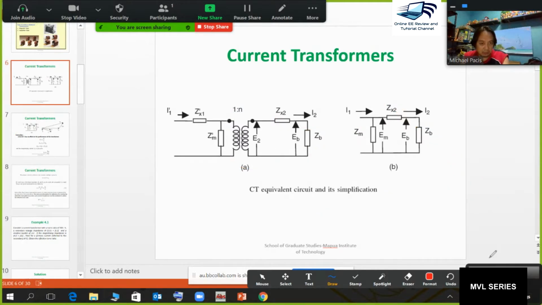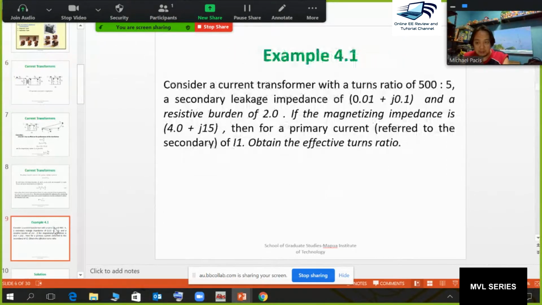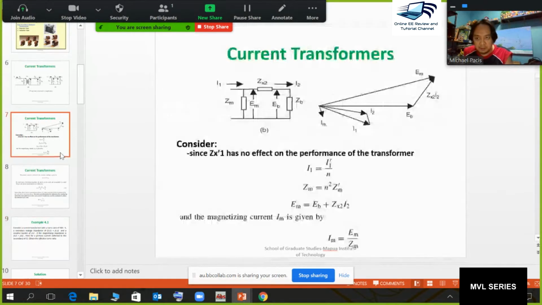Okay, please take note that we will make use of this diagram in the computation of the other problems that we have. Now we need to get the primary current referred to the secondary side in terms of I1 and the effective turns ratio.